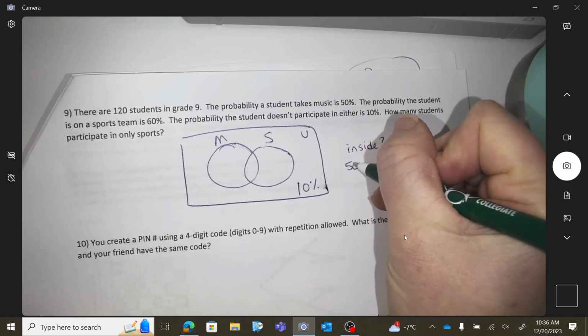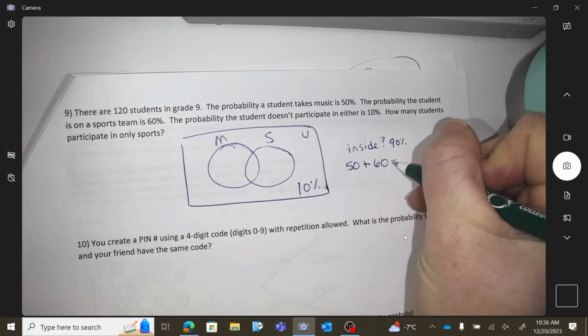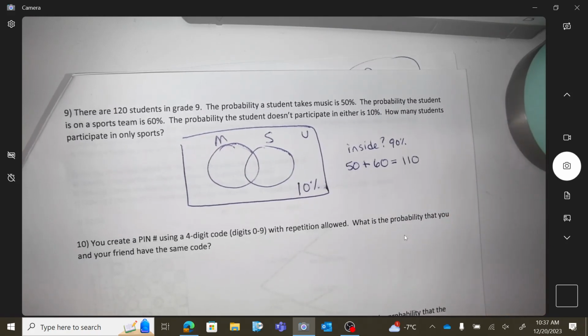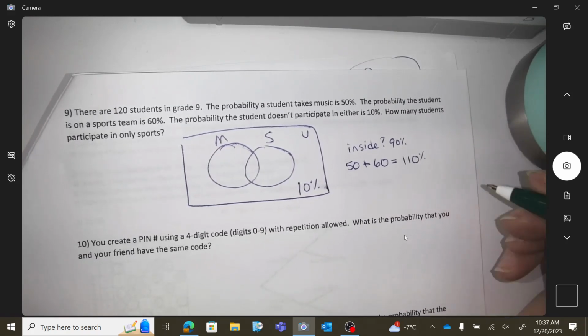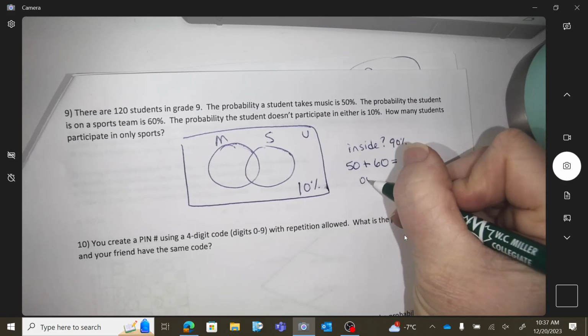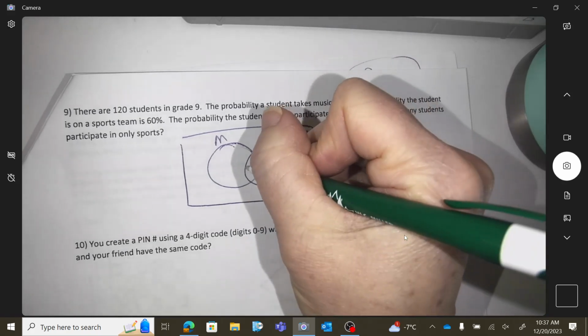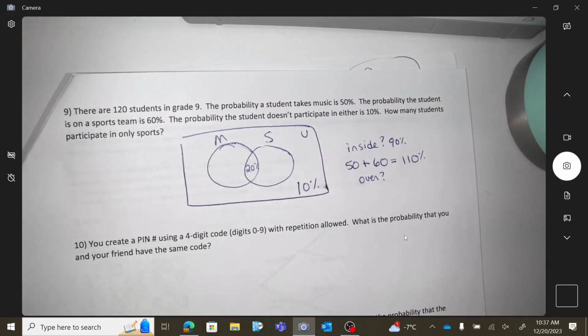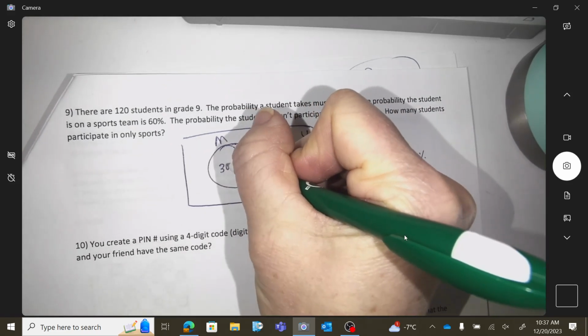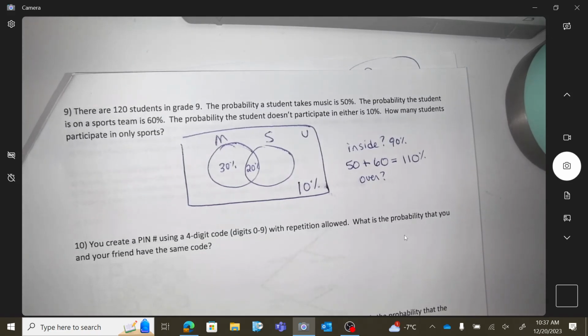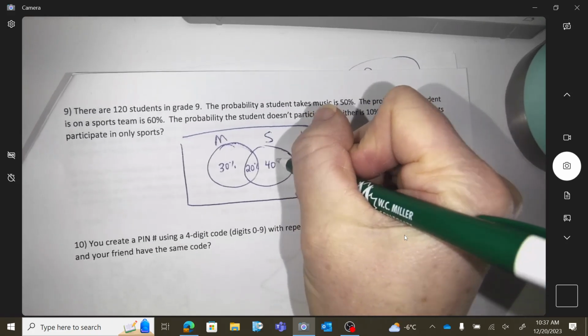But there was 50 with music plus 60, which is 110%. So how much over was that? Did you put 20% overlap? Okay, so now music is 50, so there's 20 plus 30. And sports is 60, so 20 plus 40.